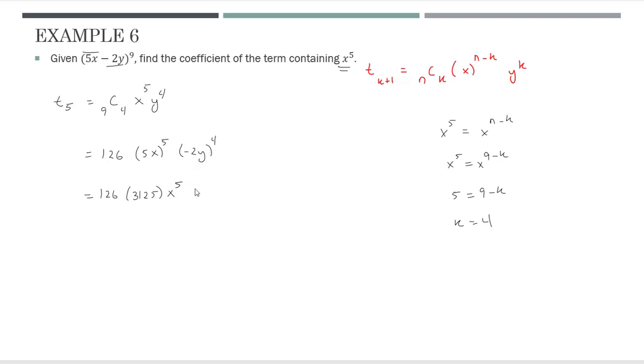Negative 2 to the power of 4 is 16, and then y to the power of 4. And then we can multiply all of the constants. So we get 6,300,000. Oh, I cannot imagine doing binomial expansion, trying to figure this out. And then times x to the power of 5 and y to the power of 4. Now our answer is only the coefficient. That's all we want from this. So after all that work, that's our answer.